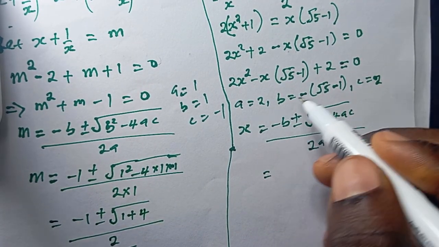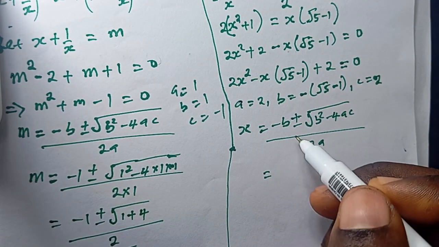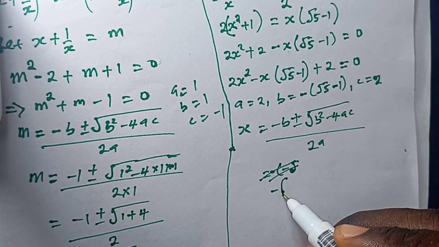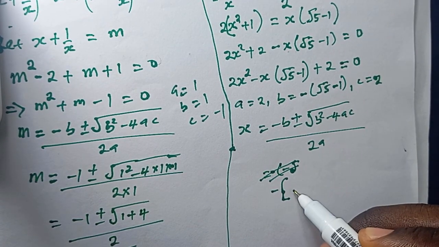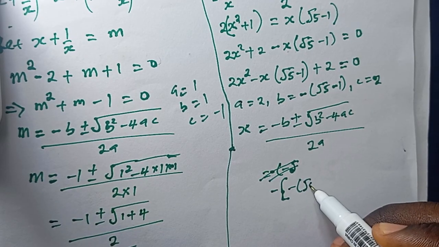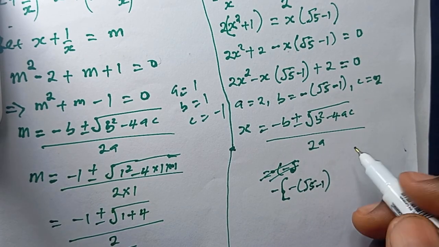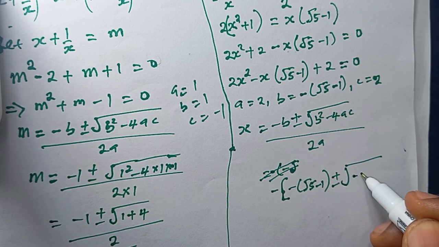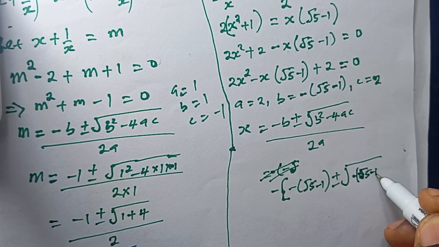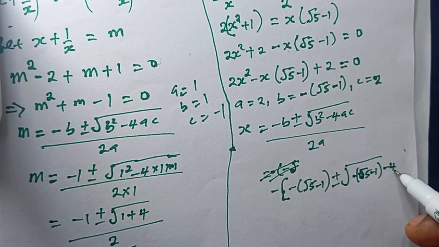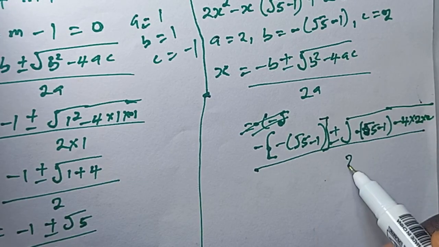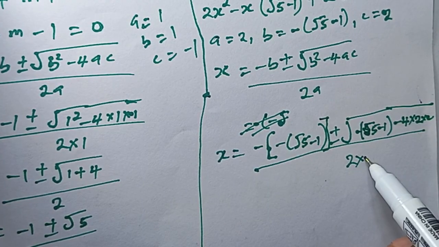Okay, so when we put all of these values of a, b, c, what we're going to be having is minus bracket and then minus root 5 minus 1, okay, plus or minus square root of minus root 5 minus 1, and then minus 4 times 2 times 2, all divided by 2 times 2 times 2.